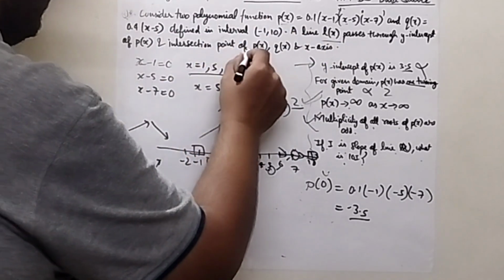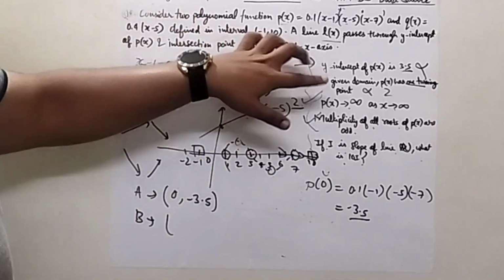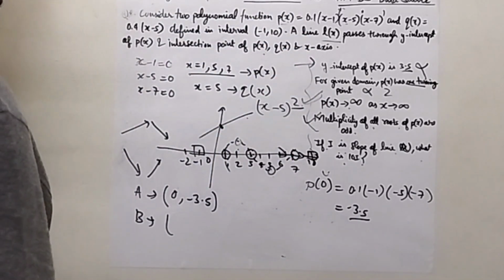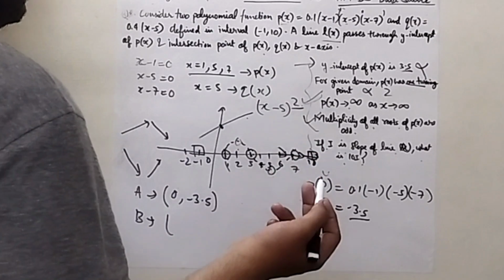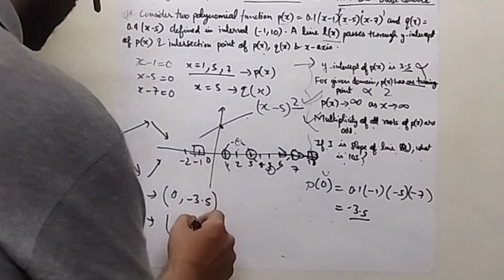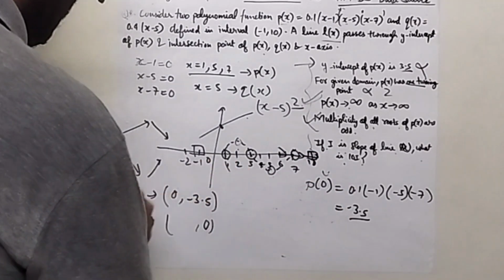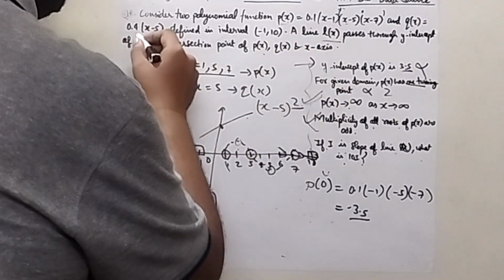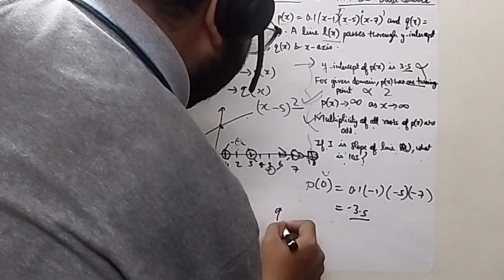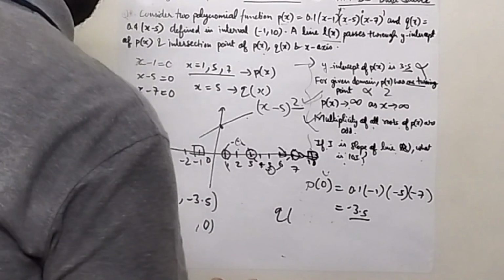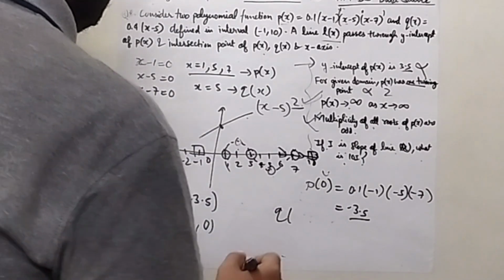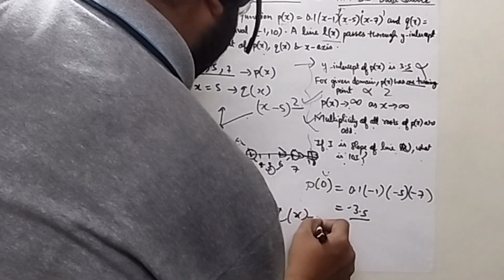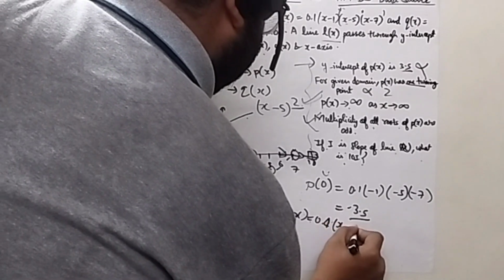It is the intersection point of p of x, q of x and the x-axis. Since it is on the x-axis, its y coordinate must be 0, so we can simply put q of x equal to 0.4 into x minus 5.